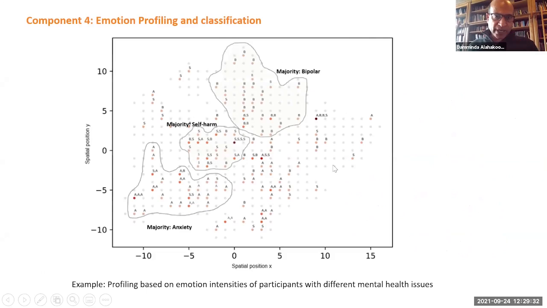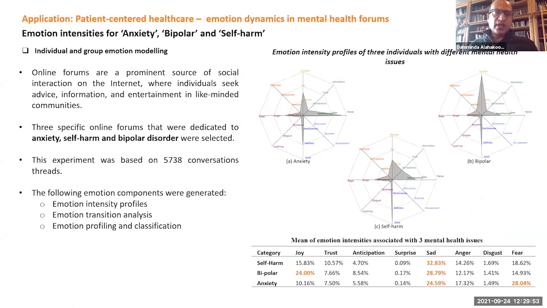And the final component, the 4th component, is overall profiling of individuals based on their emotions and the 8-dimension vector, where the 8 dimensions come from Plutchik's classification.